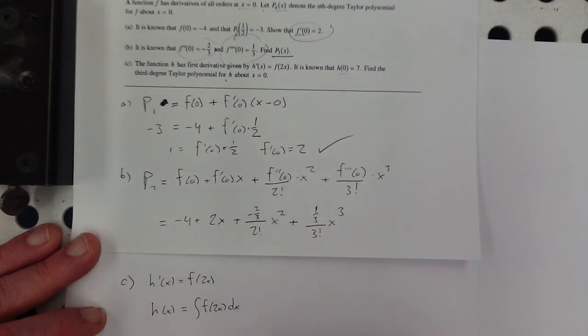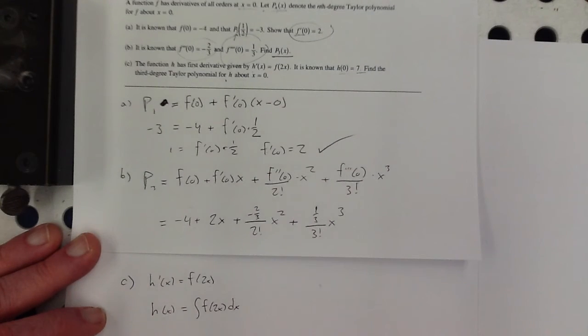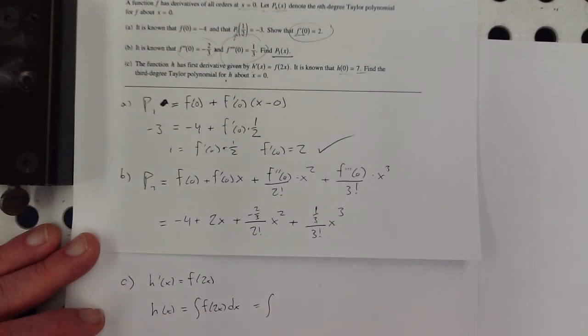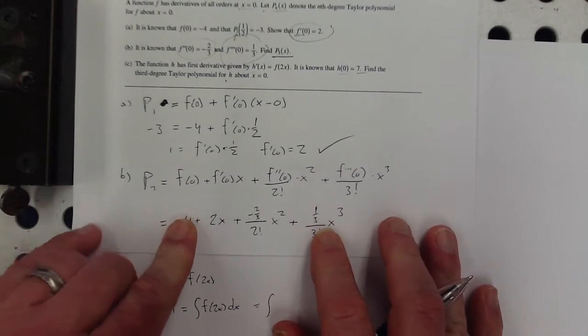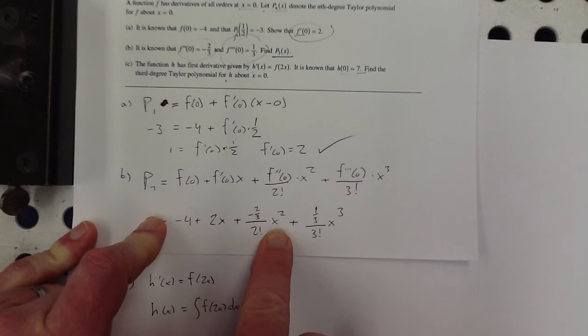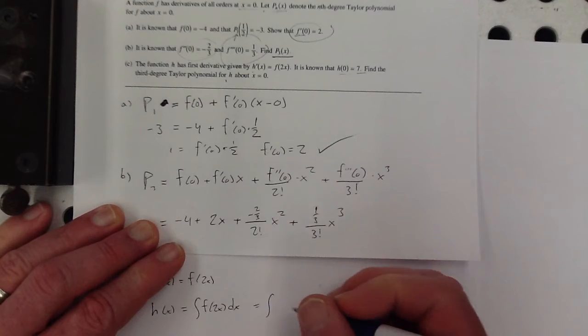So that will be easy enough. That'll just be my first term, just like the negative 4 was. Okay, so that's the integral of f of 2x. So that means I need to plug 2x into these things to get up to the third degree.